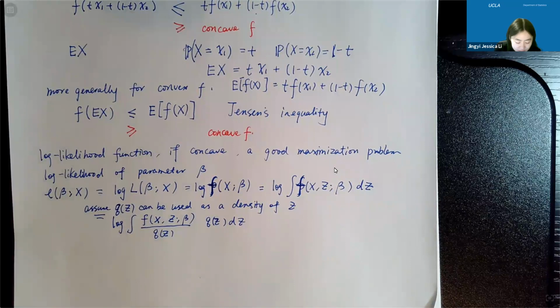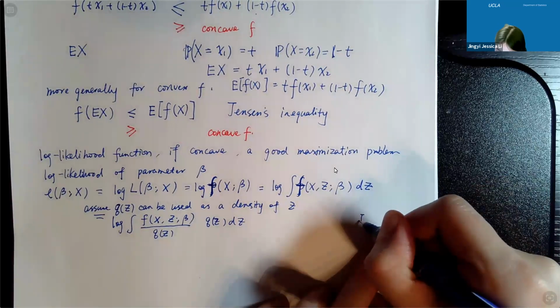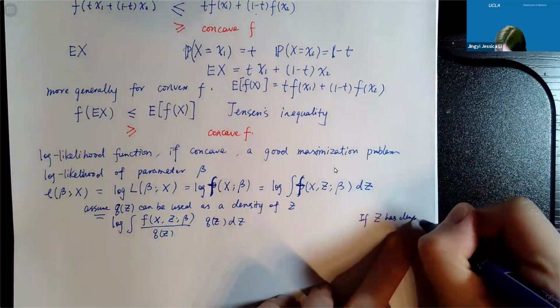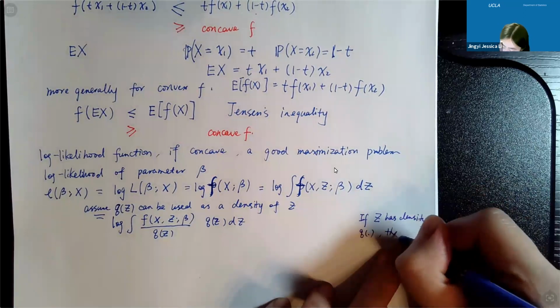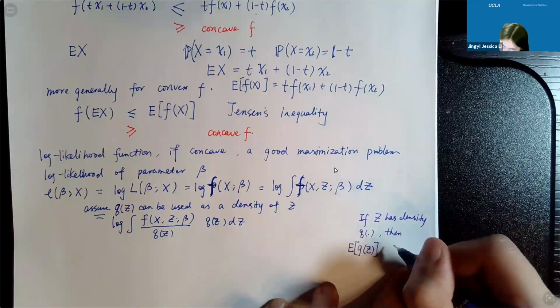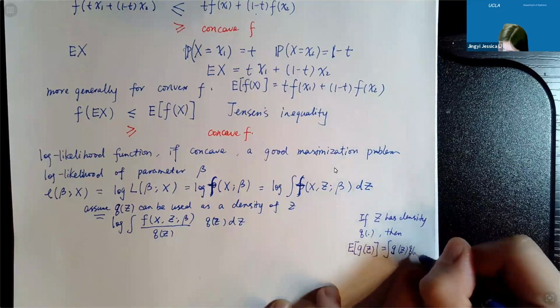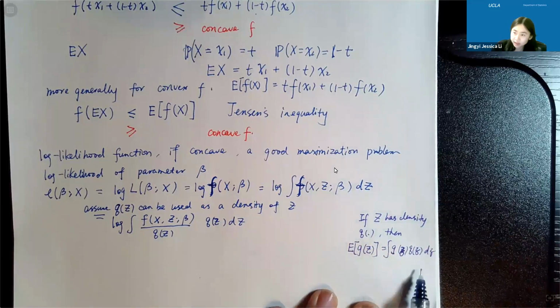Just as a side note, this is how we define it: if Z has density function q, then the expectation of some function g(Z) is the integral of g(z) q(z) dz. This is how we define an expectation.